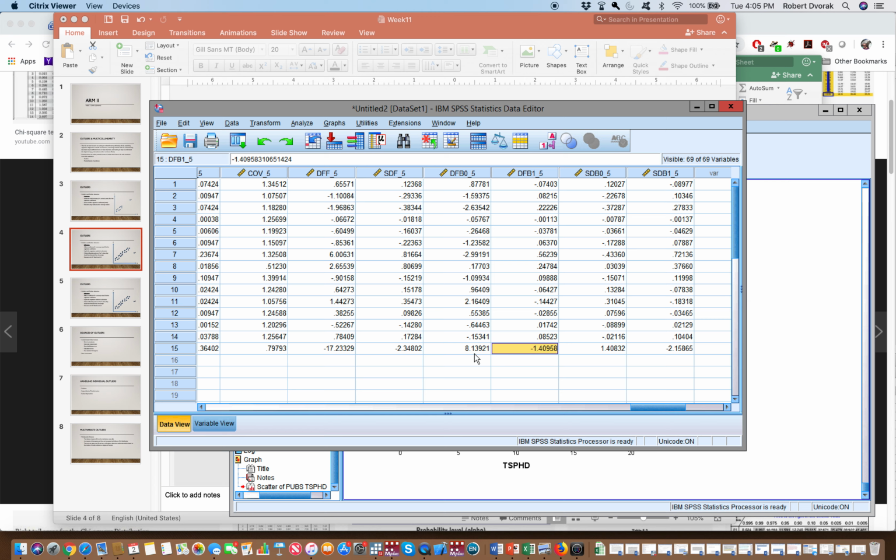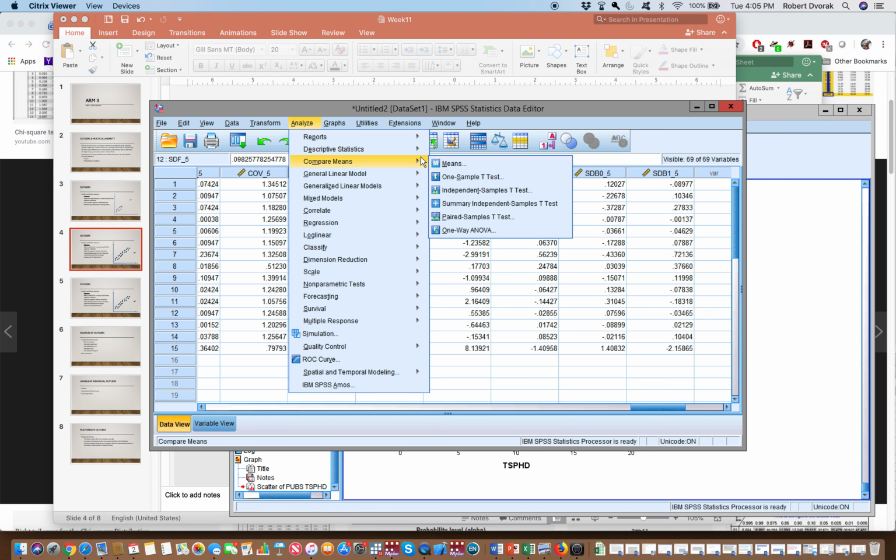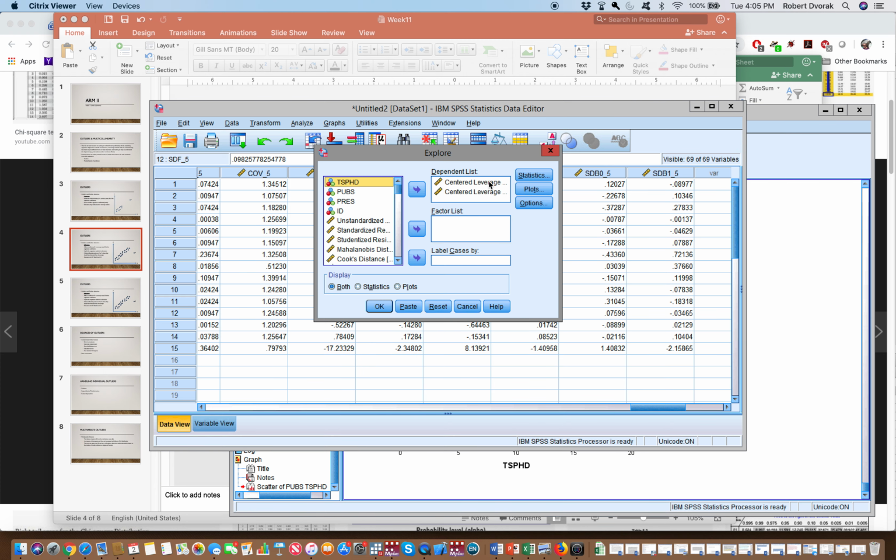These are not cutoffs here, though they can be cutoffs because you can do something like this. Let's go analyze, descriptives, explore.